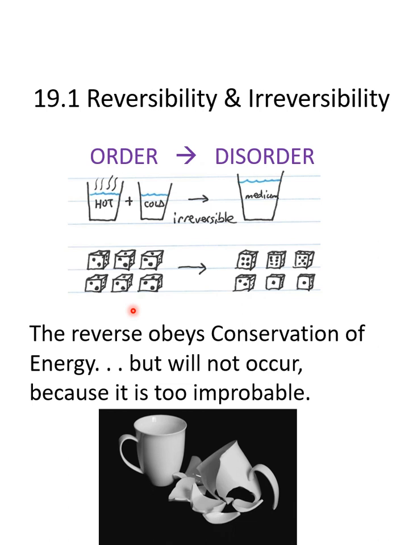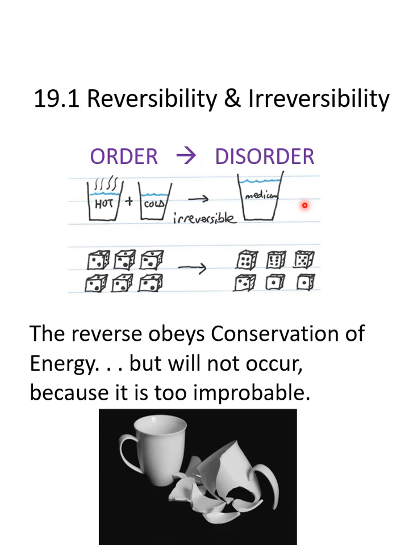Now, it will not spontaneously do that. Certainly we can step in and do things, such as take the shattered pieces of the mug and glue them back together. We can take the dice and carefully arrange them back in order. We can take this lukewarm water, separate it into two cups, put one in the microwave and the other in the refrigerator.